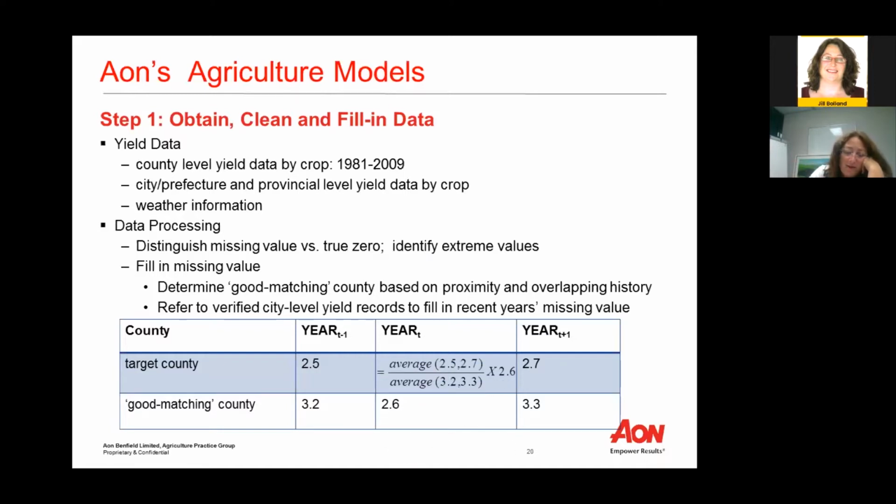So basically, if you've got a missing year, you can take the year from the matching county, work out what the ratio of the good matching county is to the target county in most years. So you work out your ratio, and then for the missing year, you use your good county and apply the same ratio to get your missing data. There are other techniques, but that one's not a bad one. Making sure that you've got one in close proximity is very important.